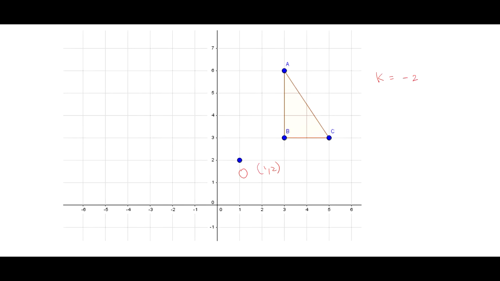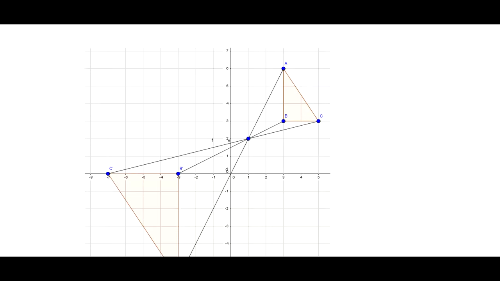Now what does that mean? We did an example before that said k was 2. Now whenever you have a negative sign in front of the enlargement, your image is going to lie on the opposite side of the center of enlargement. So let me show you what I mean.